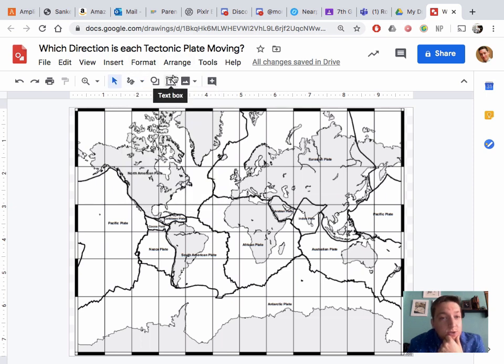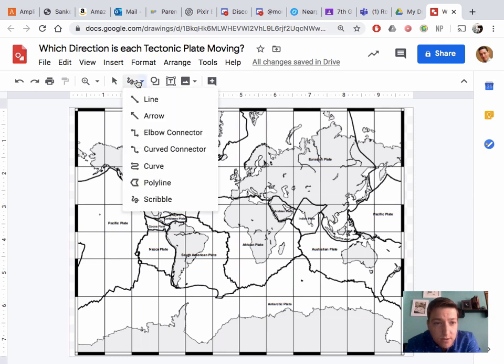I want you to use red lines for convergent tectonic plate boundaries. So we know that Japan has a lot of volcanic activity. So what I'm going to do is draw a red arrow. Actually, let me just use arrows.